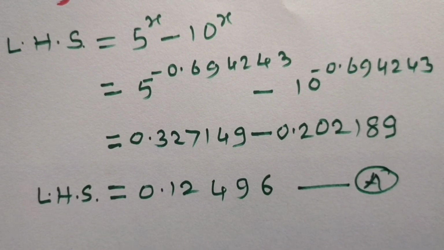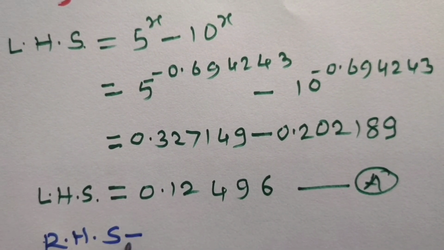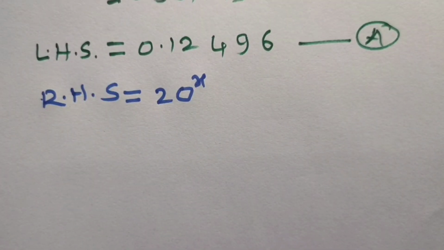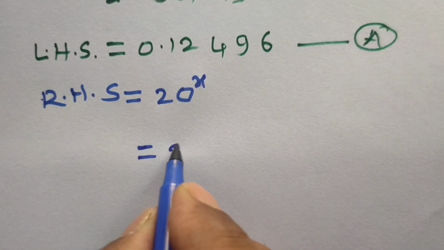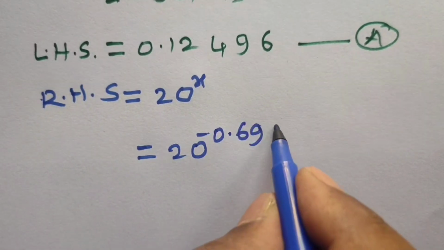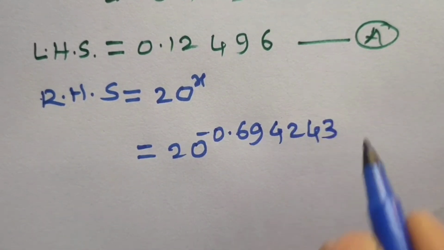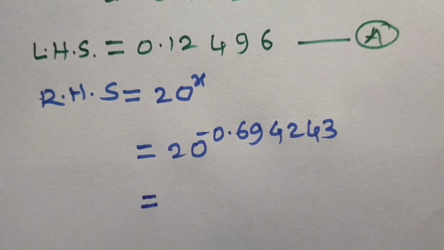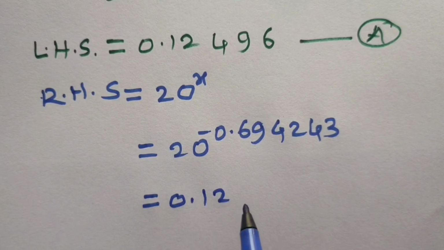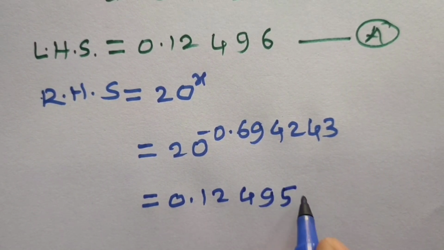Now we have to take RHS, which is equal to 20 to the power x. So this is equal to 20 to the power minus 0.694243. Using a calculator we can solve this, which is equal to 0.124959.